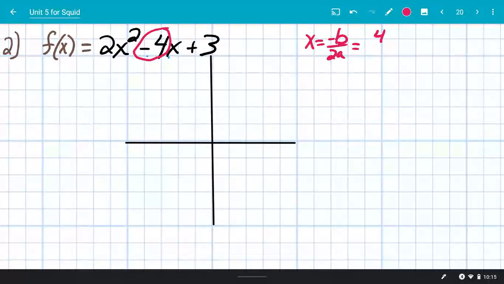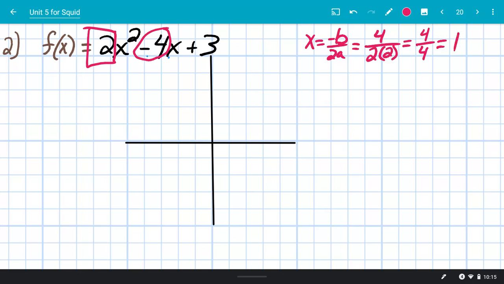And what's the opposite of a negative 4? A positive 4, right? Okay. Over 2 times a. And in this case, a is 2. Okay, so 4 over 4, which is 1. All right. So the x value of my vertex is 1.